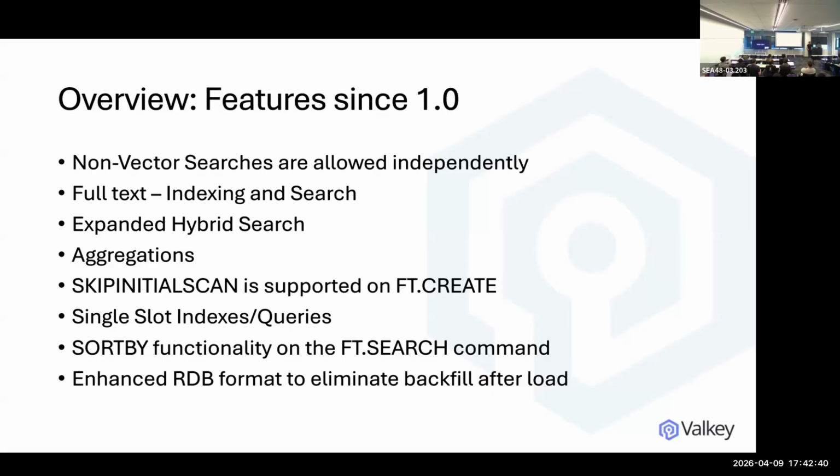So I can search for products in a price range of 0 to 50. I can search for tag or exact match searches like a particular manufacturer. You can do these things independent of vector. This was in 1.1. In 1.2, we have full text now, which is full text search.